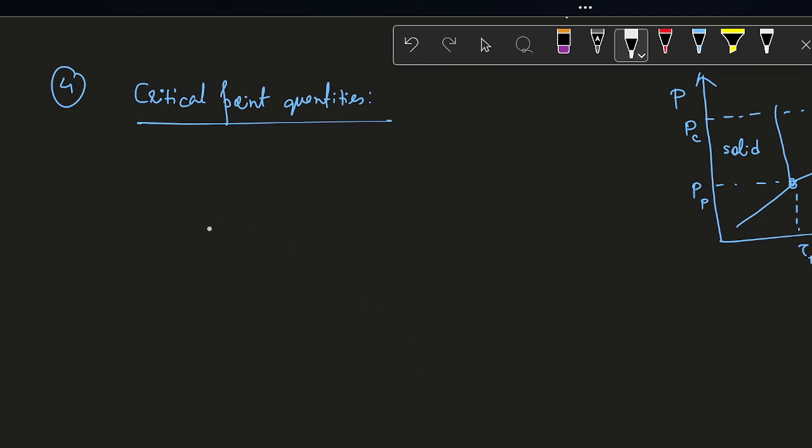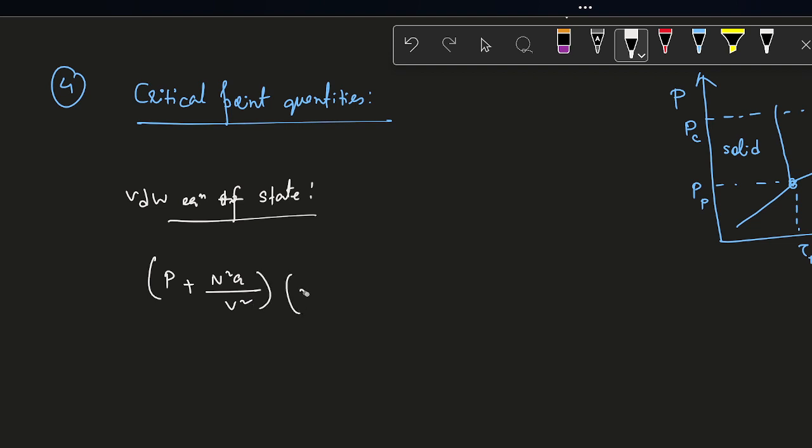I will directly write down the mathematical conditions that are required first, and then explain why they are required. First, the van der Waals equation of state that we need to use is (P + a/V²)(V − b) = kT.